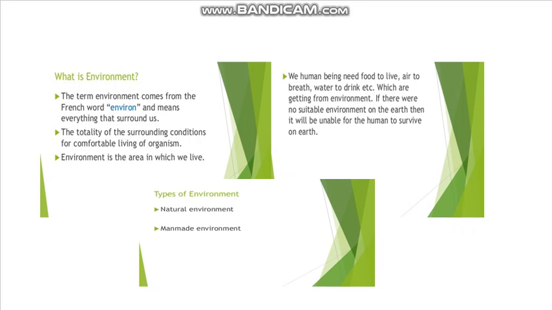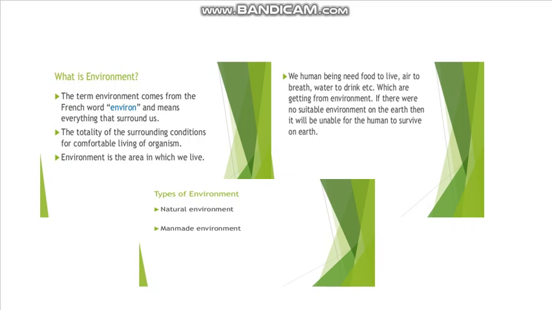Your body is made up of three-quarters water, so how can you live without water? We get this water from our environment. If there were no suitable environment on the earth, it would be impossible for humans to survive on earth.